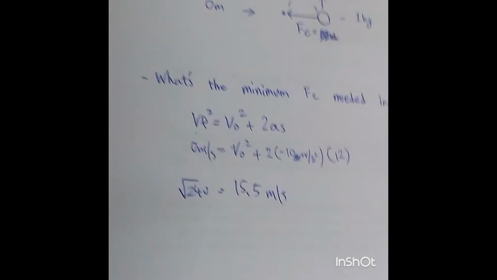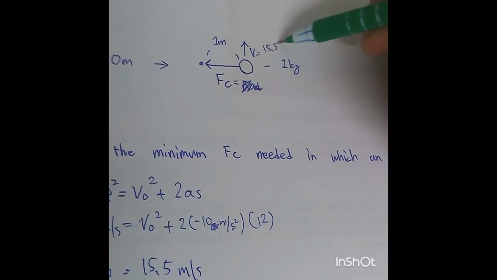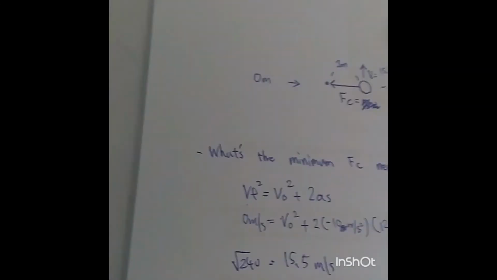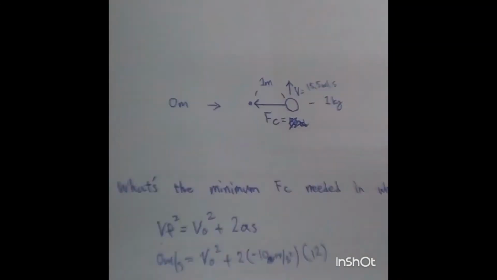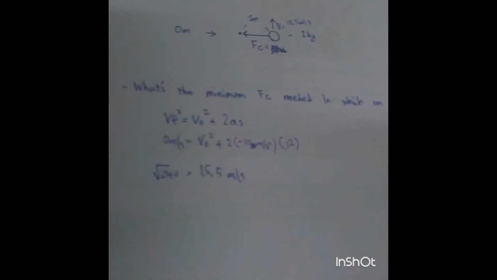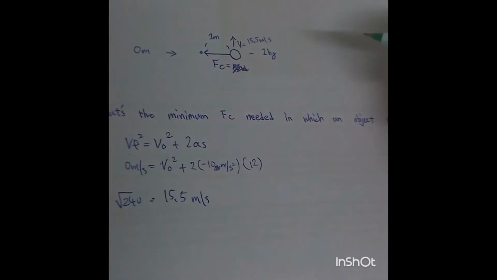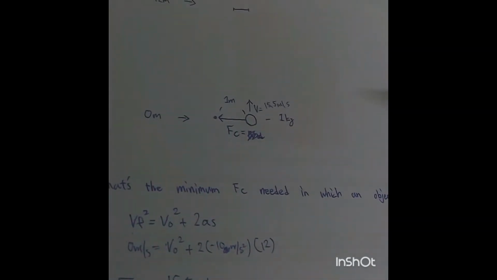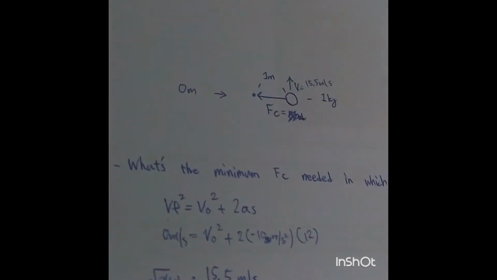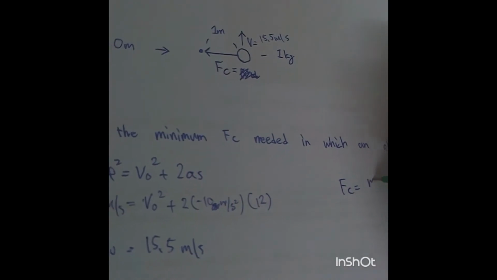Okay, so now we found the velocity here, which is 15.5 meters per second. From this we can find Fc, which is the centripetal force. We're going to use the formula that I gave in the last video, which is Fc equals mv squared over r.